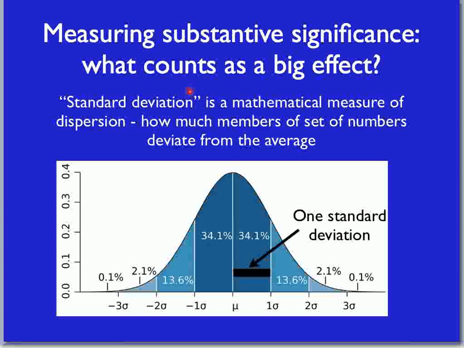And this particular formula for calculating it, you don't need to know that. You just need to get a sense that a standard deviation measures how spread out a set of numbers is. Suppose you were to flip a coin 100 times and count the number of times it came up heads. And then you did that over and over and over again and plotted the number of heads that came up.